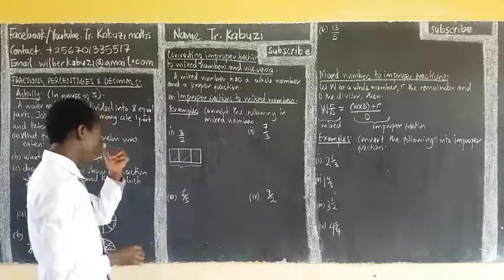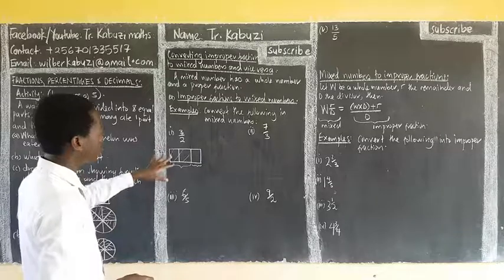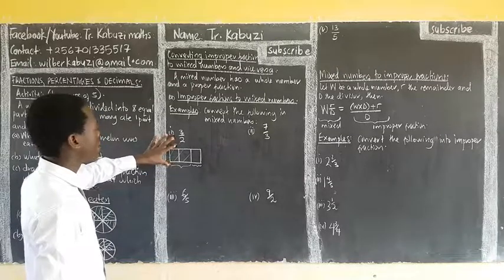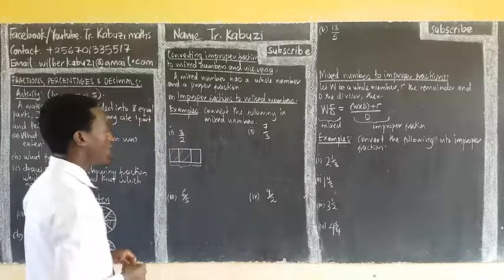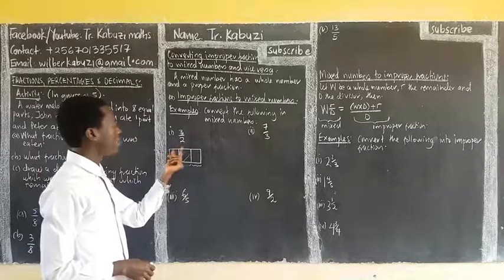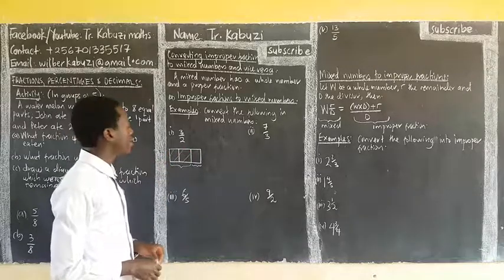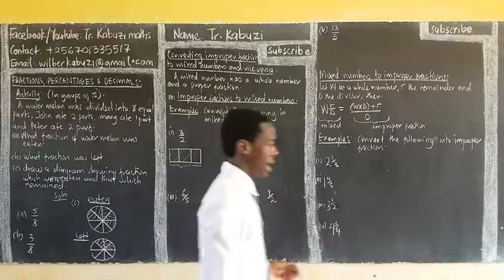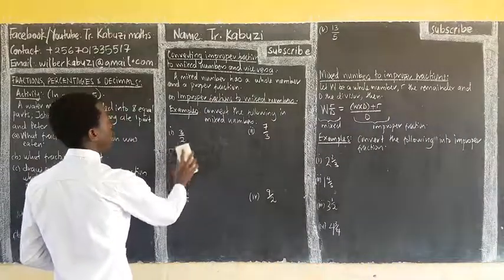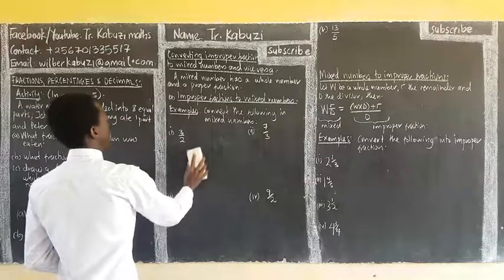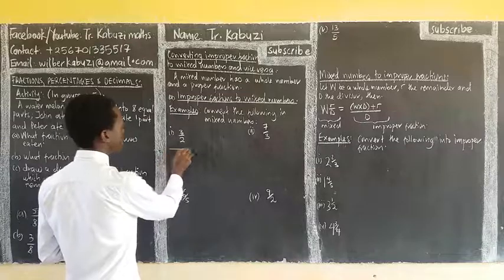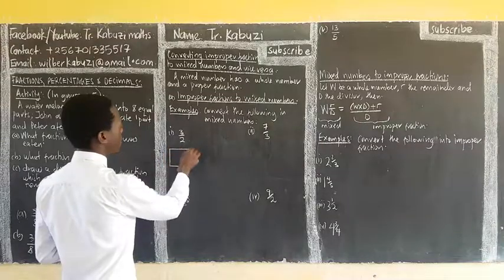There are 2 ways to shade this. You draw 2 parts, and then you divide it into 2 parts. This is the other alternative.